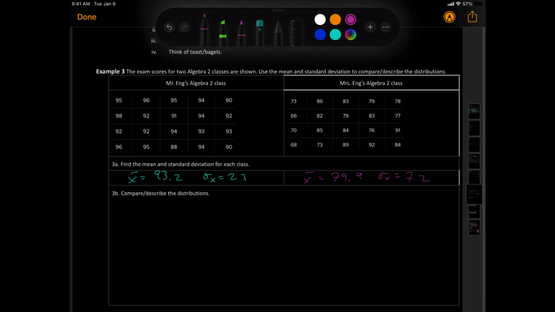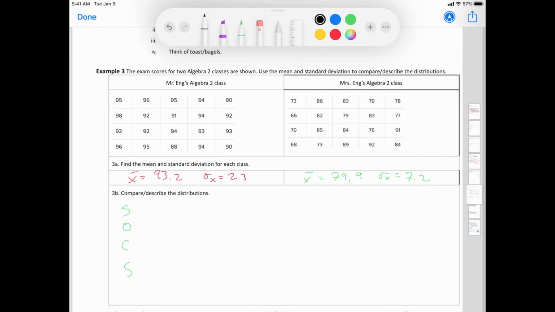Okay, so we talked about SOCS here. For Mr. Ng's class, this is shape. Mr. Ng's class is more symmetrical.